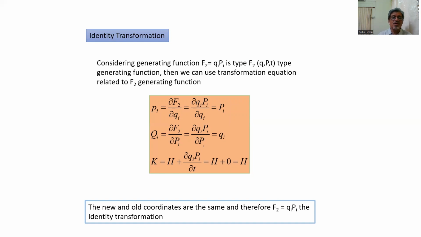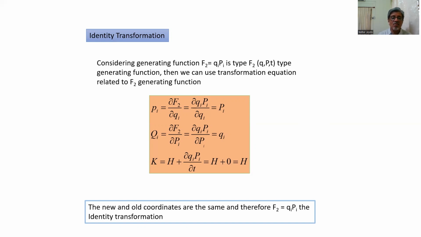Similarly, the last transformation equation: capital K is equal to H plus del F2 by del t, that is del qi Pi by del t. There is no time variable in this particular partial derivative, so it is H plus 0, which is equal to H. So small pi is equal to capital Pi, capital Qi is equal to small qi, and capital K is equal to capital H. So the new and old variables are exactly equal to each other.